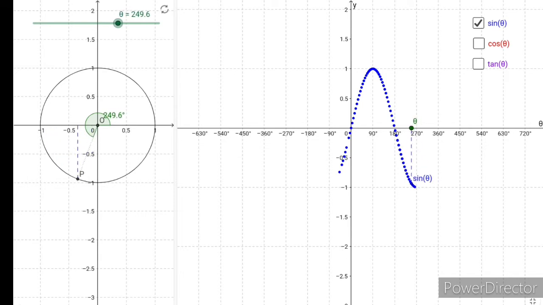When it becomes 270, the length of the dotted line is 1, but it is in the negative direction. So sin theta will be minus 1. So the minimum value of sin theta is minus 1. It can't go below minus 1 because the radius of the circle is 1. So it can go down to minus 1 or up to plus 1.